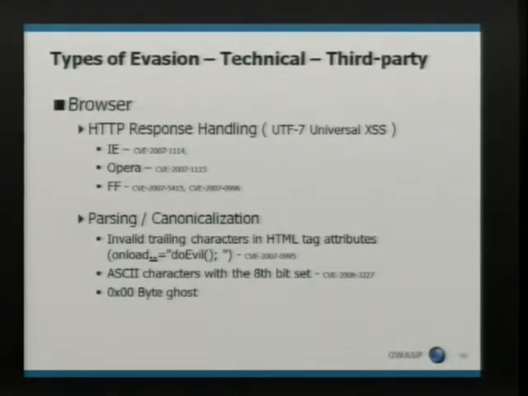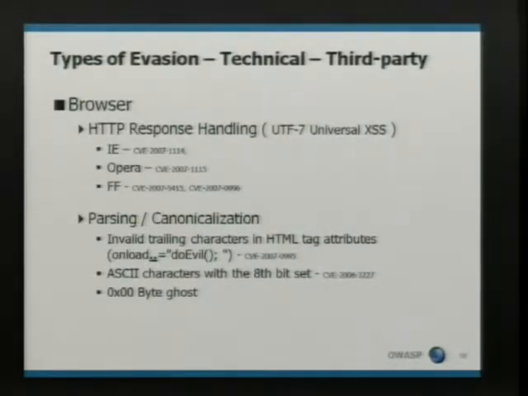This was discovered by Stefan Esser, and he found out that if you put in child frames, Internet Explorer 7 and afterwards also Opera and Firefox inherit the default charset of the parent window. Even if the charset is specified in the content type header or the meta tag, you were able to pass a UTF-7 string, and in this case you were able to do a kind of cross-site scripting.